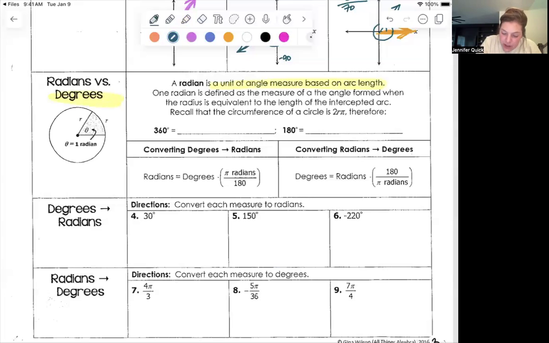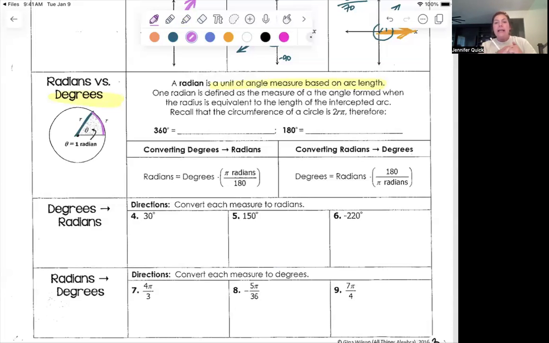Here's what this means: when the radius is equal to the measure of the arc, when those two things are the exact same. So when your pizza slice edge and your arc, your crust, are the exact same measure, then what you have created is a radian.